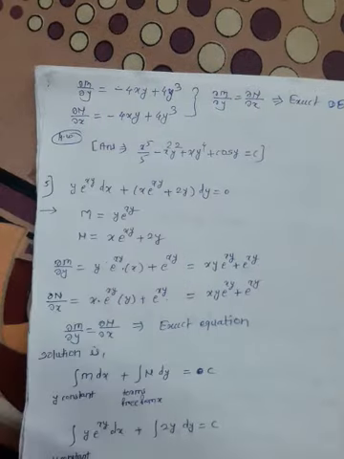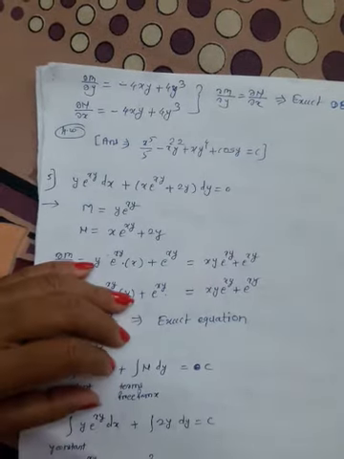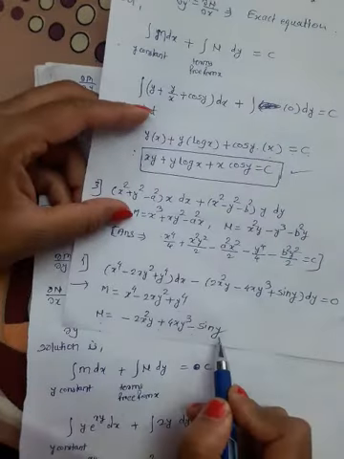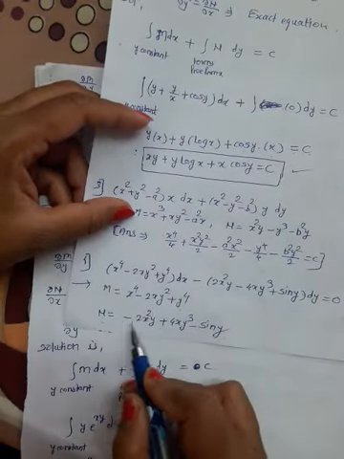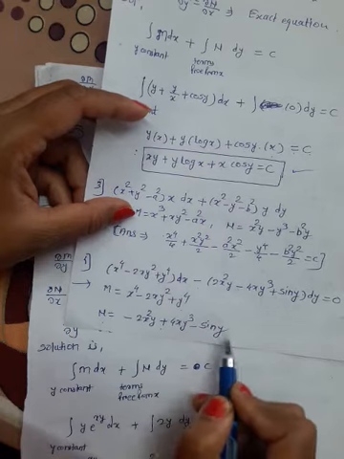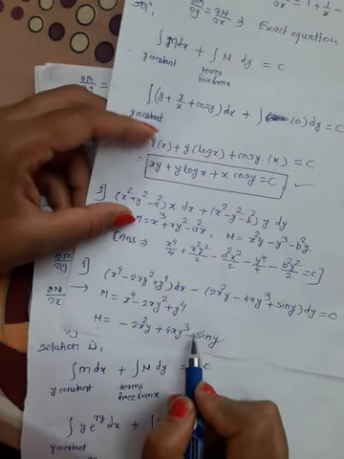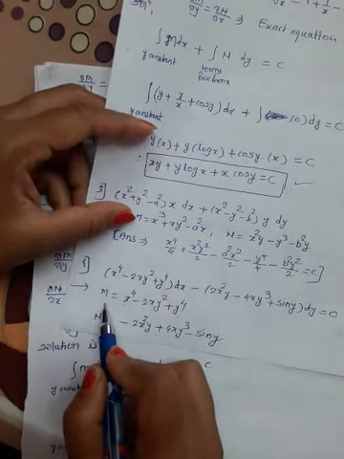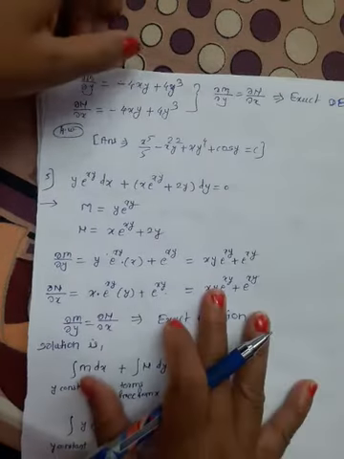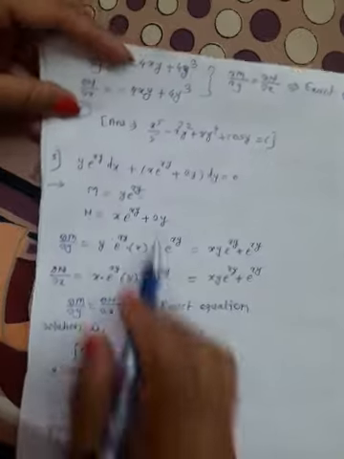Terms free from x: you have to take only this, with the minus sign. Take the sign along with it. And the integration of M is very easy, taking y constant, don't forget that. The answer is this.